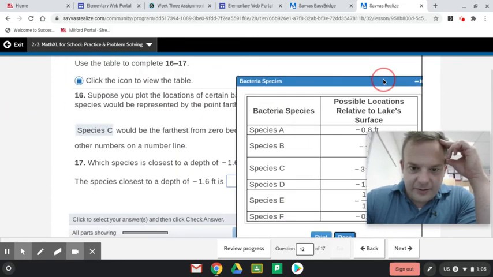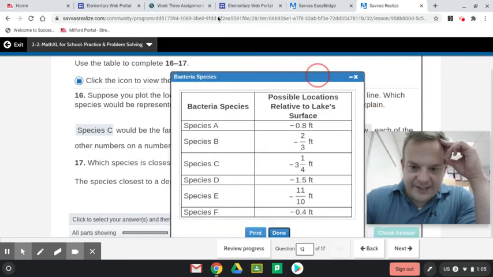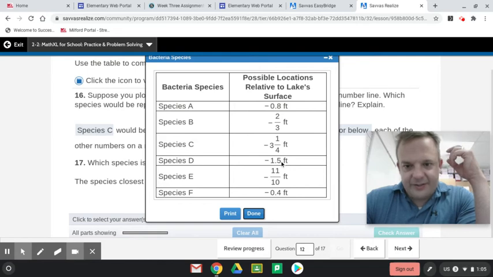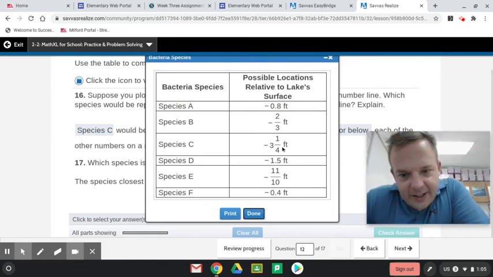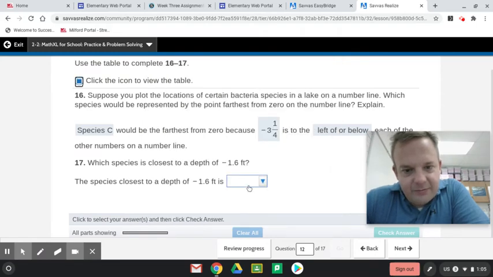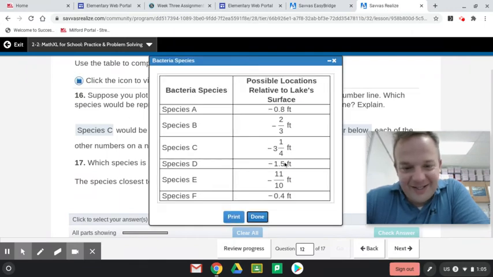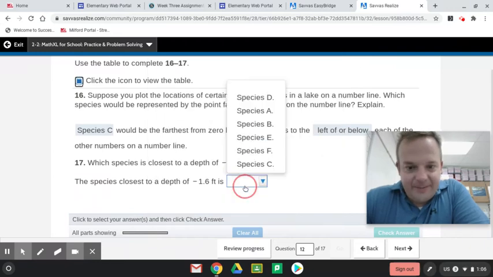Okay, -1.6. -1.6. So I think it is that one. Let me just see if any of these others. No, yeah. So which one was that? Don't you hate when that happens? Species D, okay? Species D.